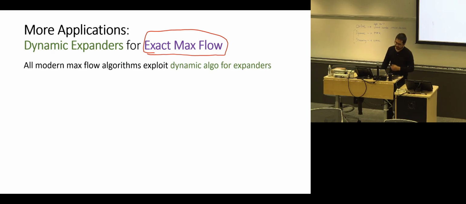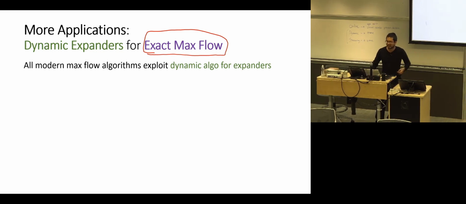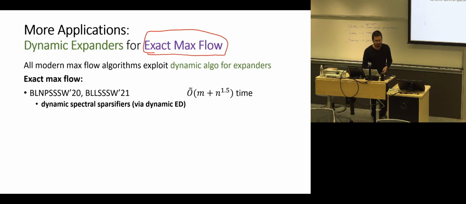But it's good to know that all these modern max flow algorithms exploit something about dynamic algorithms for expanders. The tools that you learn here are actually the core thing inside this.